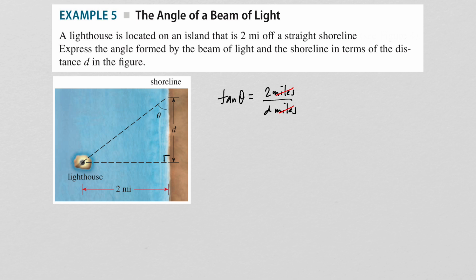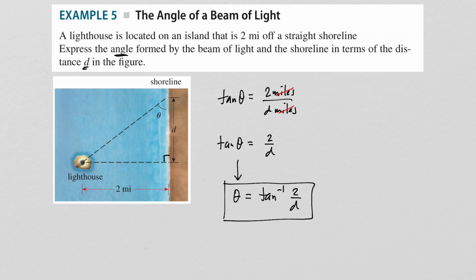And so we just end up with tangent of theta is equal to 2 divided by d. Now, they want us to express the angle in terms of the distance d. So we want to solve for theta. So then theta would simply be the inverse tangent of 2 divided by d. And this would be it, because we don't know the value of d, so there's nothing that we could plug into a calculator to approximate here.